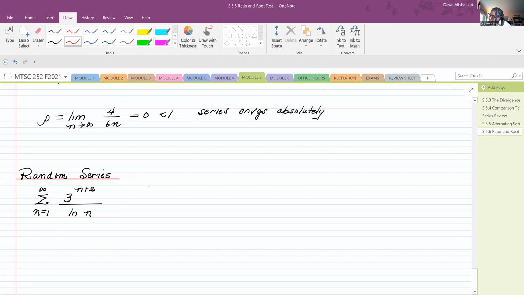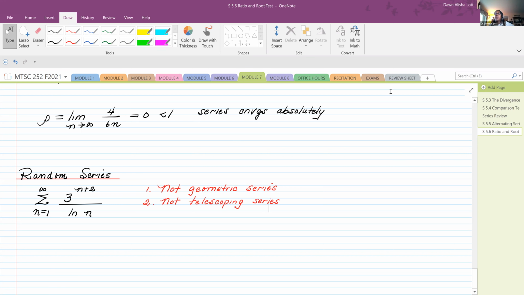First, not a geometric series. Two, it's not a telescoping series. I could try the nth term test of divergence. Is that the one I did next?